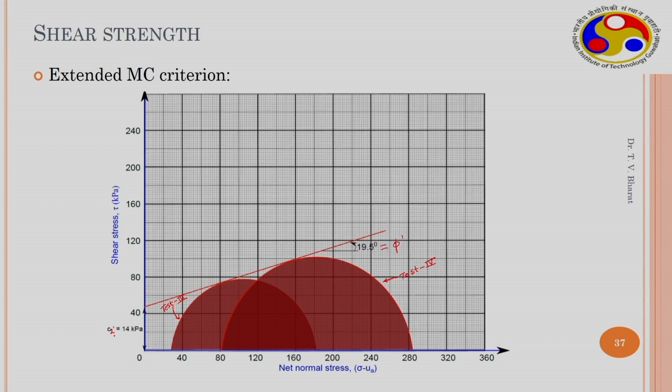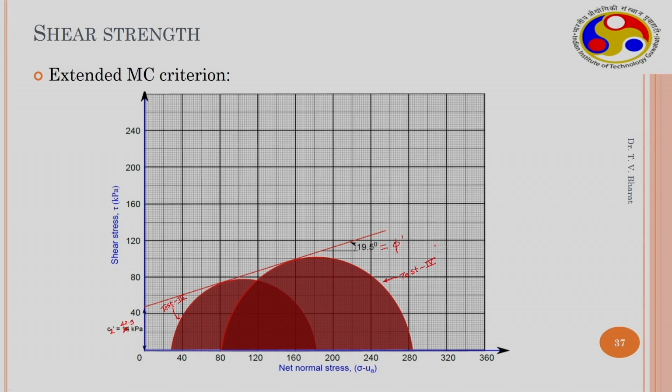This is C2 dash, which is not 14. Here we could see that this is 42, so these are around 42.5 kilopascal.